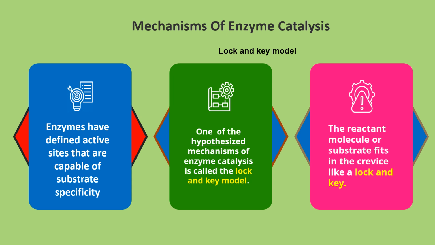Which also means that we now look into the mechanisms of enzyme catalysis. The first one is called the lock and key model. This is one of the kinds of hypothesis showing how enzymes and the active site are brought together during an enzyme catalyst reaction.